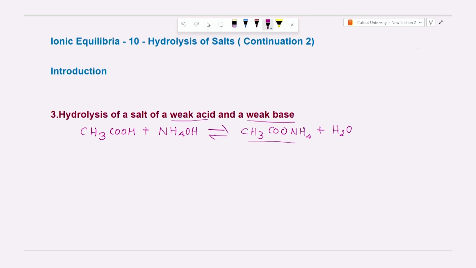So, this is how you are going to get a weak acid and a base neutralized to give a salt. One of the examples is ammonium acetate.